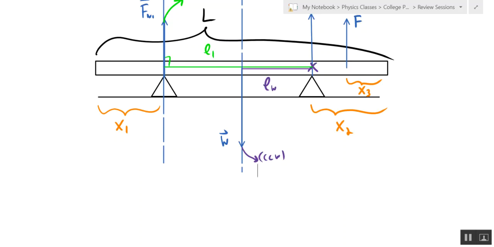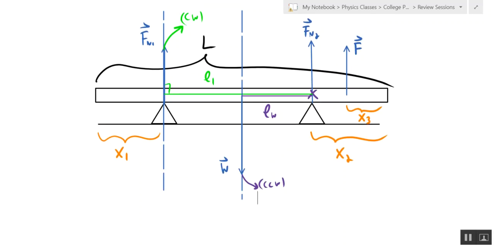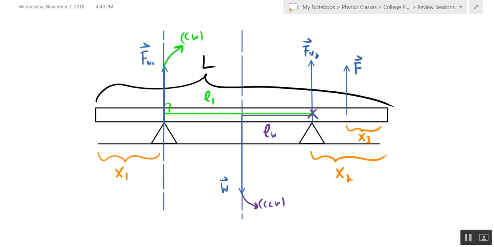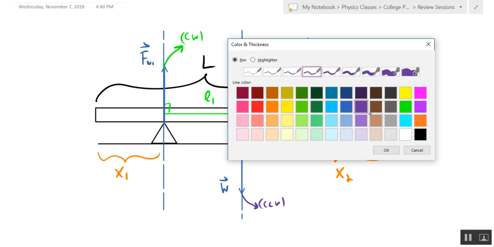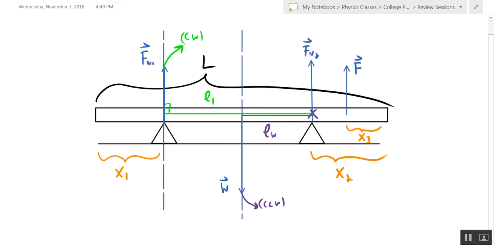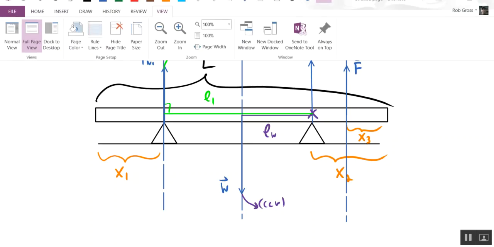So we don't worry about Fn2 because we put the axis there. That's the reason I chose it. But we do have to figure out the torque created by the other force, right? It's the same way we did it before for the other torques. You draw your line of action, and then your moment arm, which I'll do in some other color.